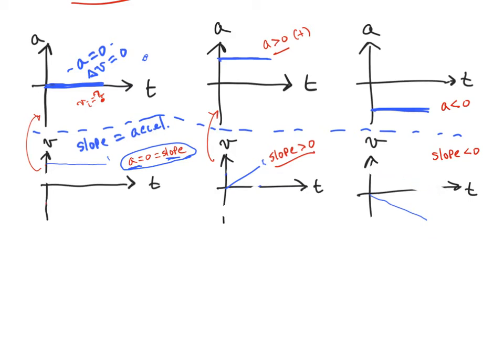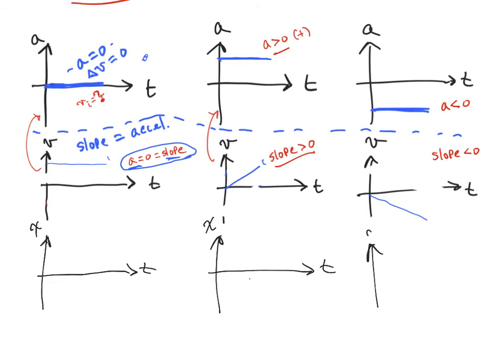Okay. So I'm going to draw now position time graphs. In each case, the position time graph that I'm going to draw will correspond to the velocity time graph above it.